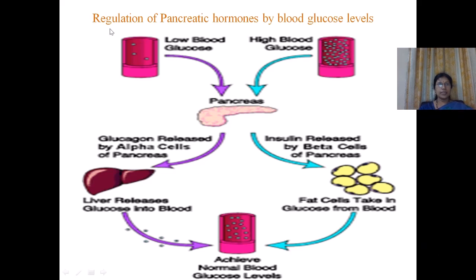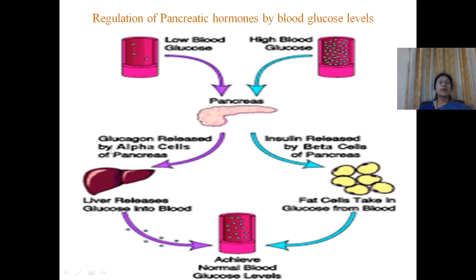So here we can see the diagram of regulation of pancreatic hormones by blood glucose levels. We have already discussed that when the blood glucose level is low, that is below 90 mg per 100 ml, the pancreas is stimulated.